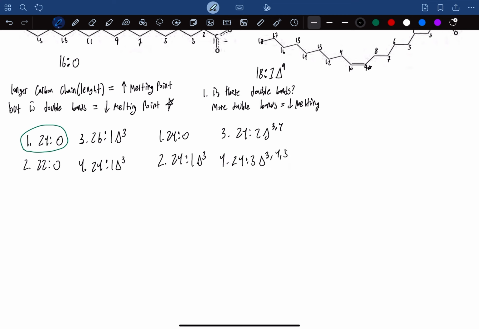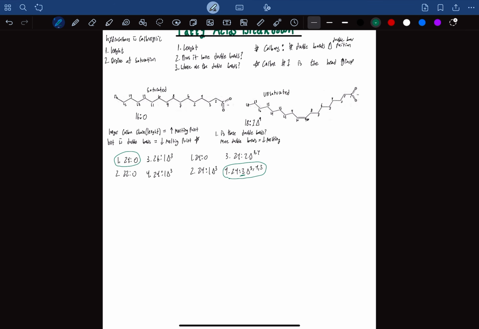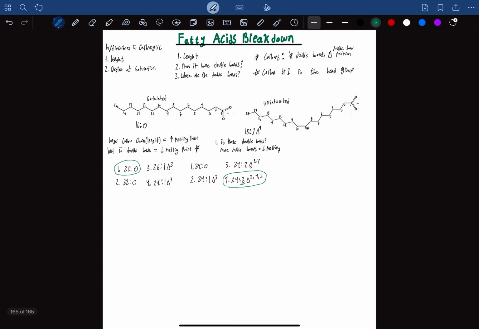They all have the same length, but okay, I'll give you some time to pick an answer. Okay, so the answer for this question would be this one. It has 3 double bonds, which is the most out of any of them, so it's going to have the lowest melting point.